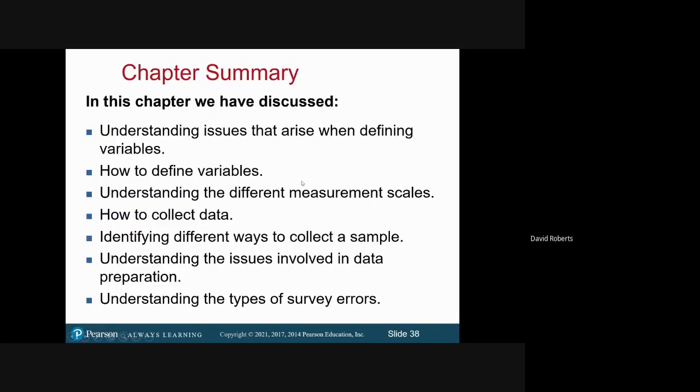All right. So here's our summary. Be careful when you're defining the variables. Be careful about the different measurement types of scales. Be very careful how you collect the data. So spend a lot of time defining, and then how are we going to get the data? Are we just going to do it online?